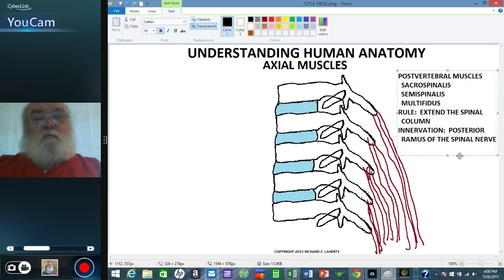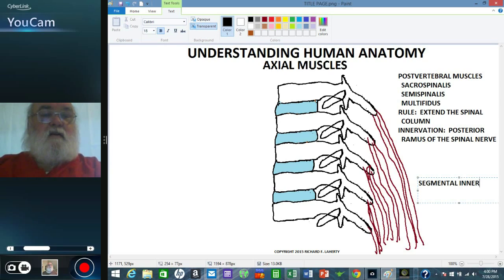Now, when muscles are innervated by the posterior ramus of the spinal nerve, just by the spinal nerve itself, we refer to that as segmental innervation.